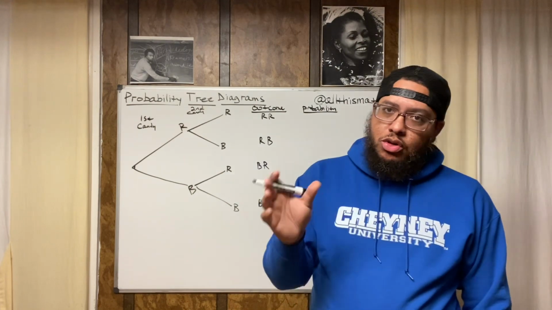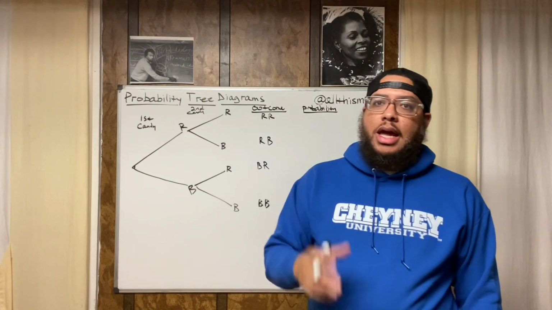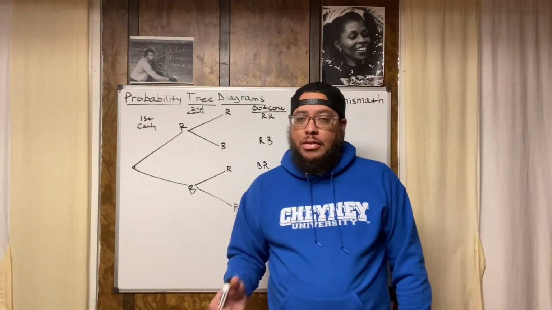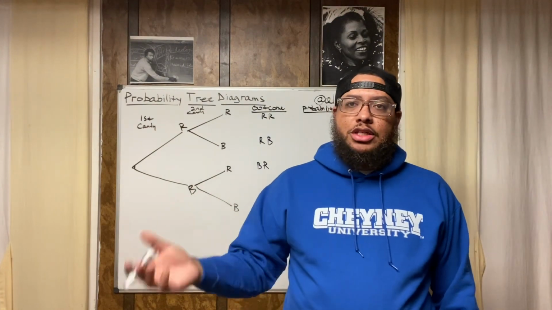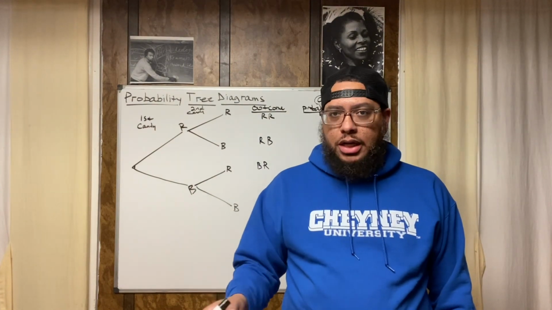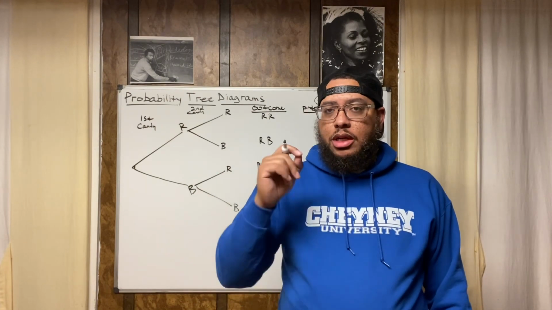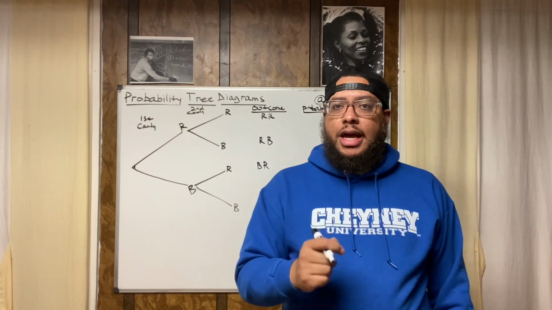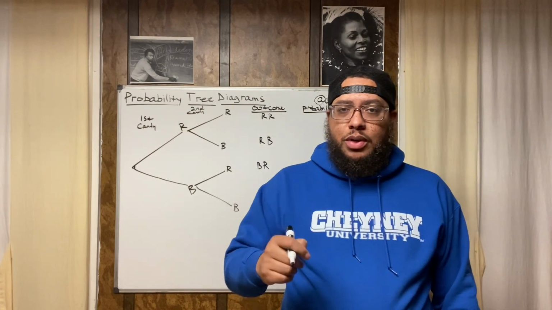It might be confusing because usually in mathematical word problems, the word and indicates addition. But think about it this way. Multiplication is just repeated addition anyway. So they're very much related. So when we're dealing with probability, the word and indicates that we're doing multiplication. The word or indicates that we're doing addition.